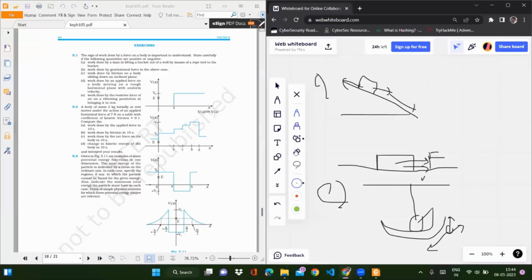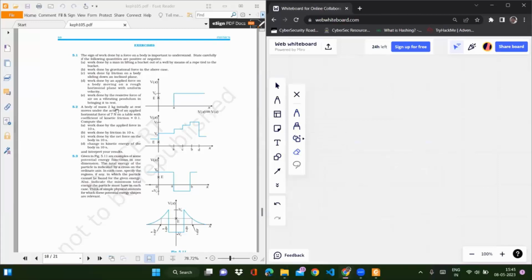Now we go for the next question. A body of mass 2 kg, initially at rest, moves under the action of an applied horizontal force of 7 Newton on a table with coefficient of friction 0.1. So some things are given to us.